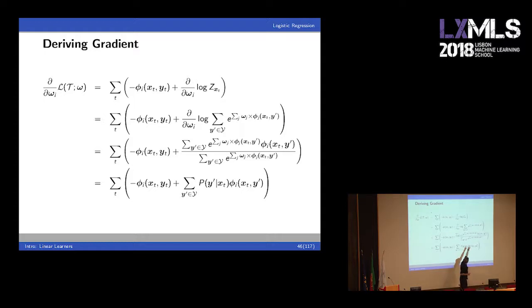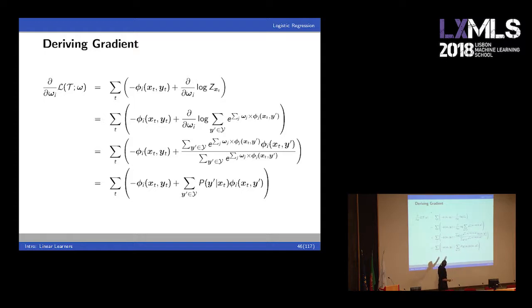This time, we can't cancel out the terms because they are in a sum. But if we sum up the linear function and divide it by a sum over the linear function over all outputs, we get the probability distribution, right? So what we get here is an expectation of the feature value.